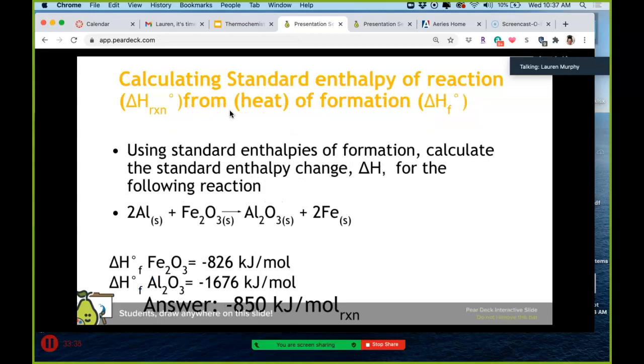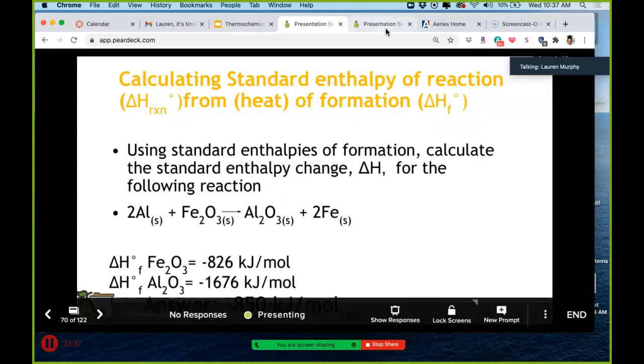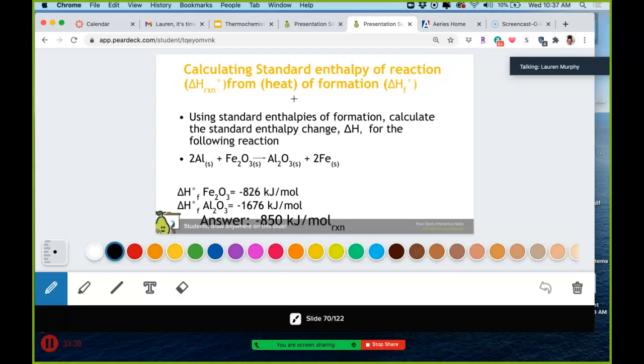So how does this work? You go, okay, using standard enthalpies of formation, so H is enthalpy, F is formation values, calculate the delta H. This is now how we're going to calculate delta H for the following reaction. And I give you a balanced chemical reaction, and then you'll notice I give you H of formation values.